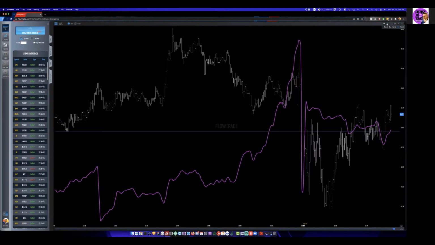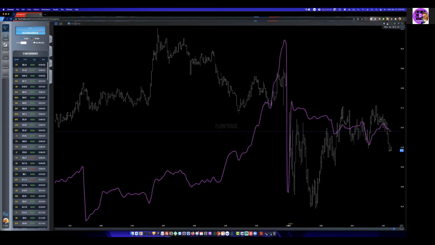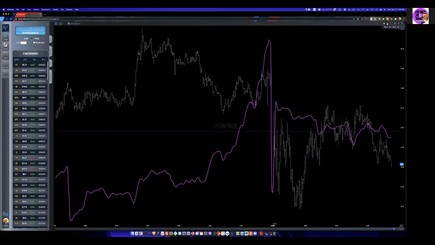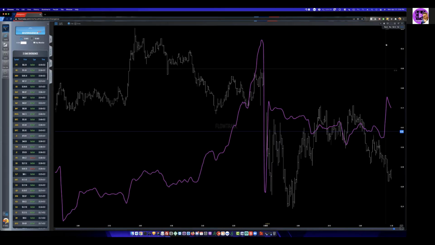Let me see if I can speed this up a little bit here. Right there. If you see where it diverged here, right? This is a divergence level. Price action, divergence has to play out.